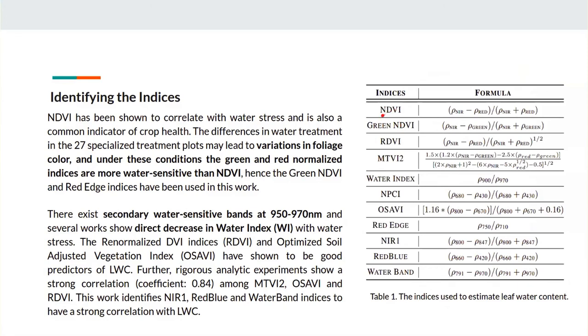From this analysis, these are the 11 indices that we have identified. These 3 indices correspond to the ones we identified in the 950 to 970 nanometer range, as well as the 400 to 1000 nanometer range, based on our heat map experiments. The other indices are identified from literature.